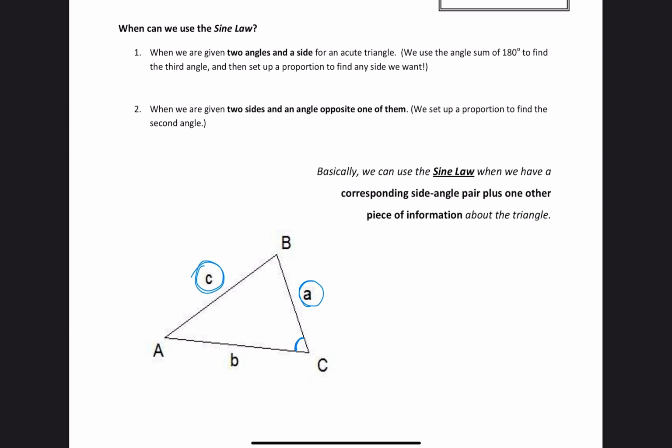Or using this proportion, we could find this, okay? So basically, just to sum that all up, we can use the sine law when we have a corresponding side angle pair plus another piece of information.